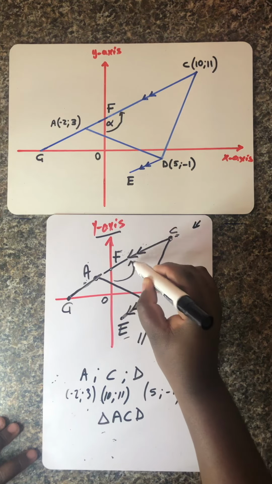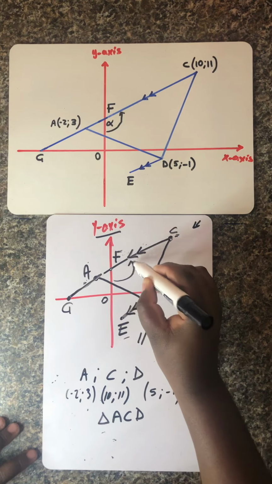Okay, ladies and gentlemen, we've got an angle there. Let's just call it an angle called alpha. That means angle alpha is formed between two lines. Ladies and gentlemen, what are those lines?